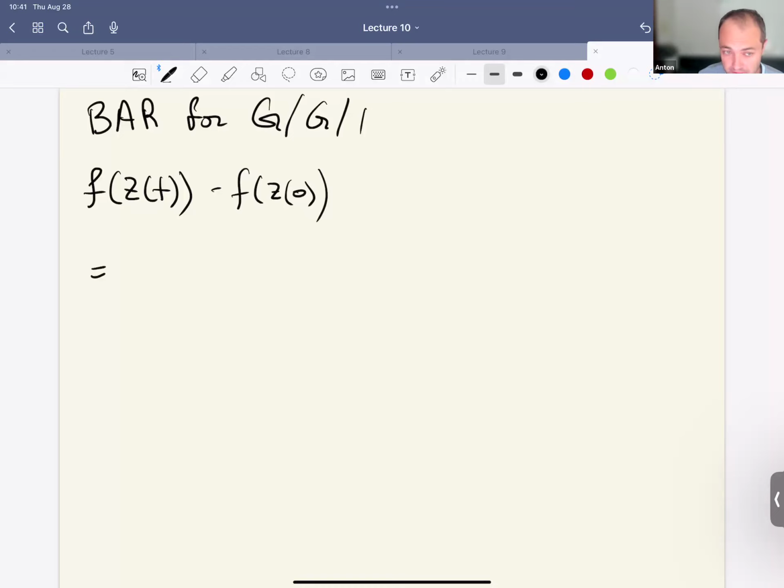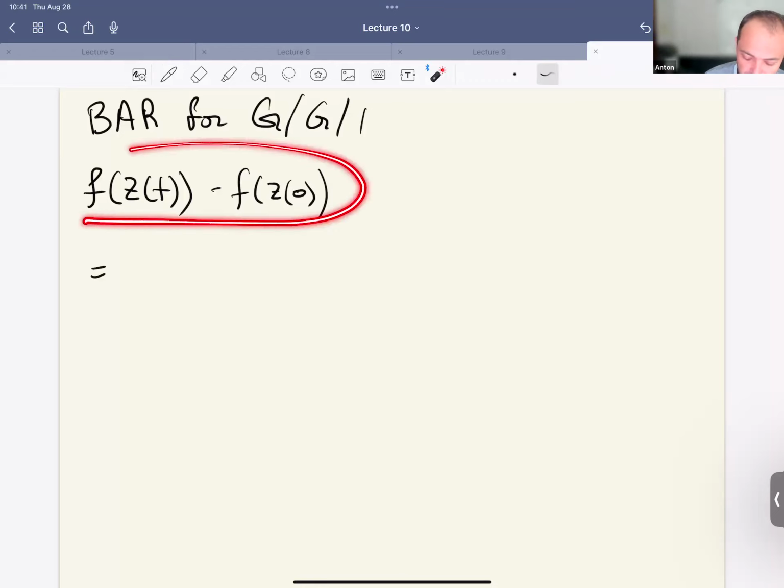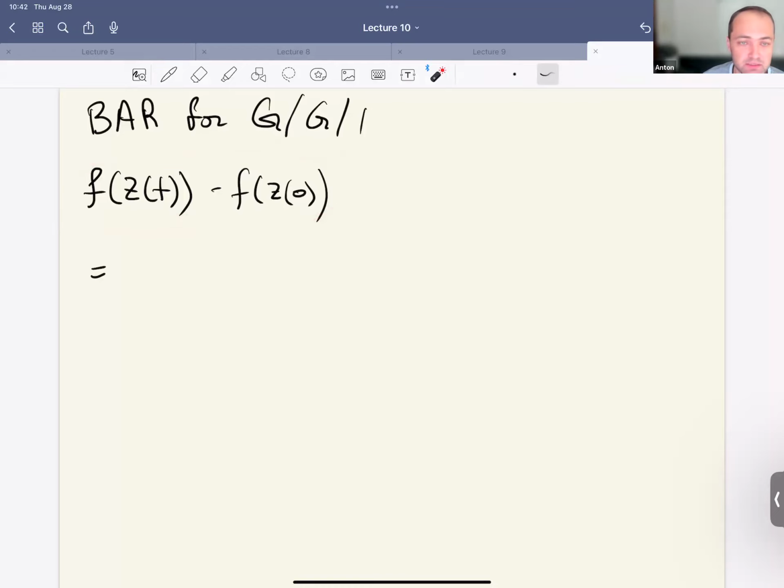And I want no randomness, no expectations. I want to express this as some fundamental theorem of calculus type identity. Well, we have a PDMP, which jumps when arrivals happen.